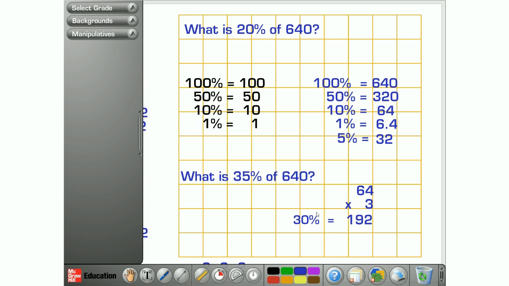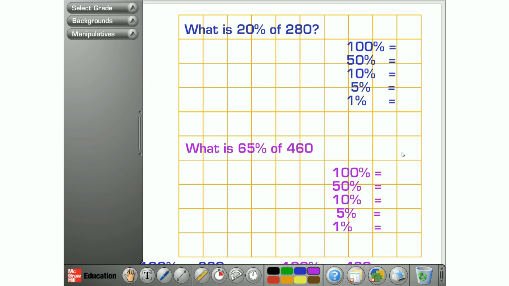So now we know 30% is 192, and we know 5% is 32. If we add those together, 192 plus 32, we get 224. So 35% of 640 is 224.